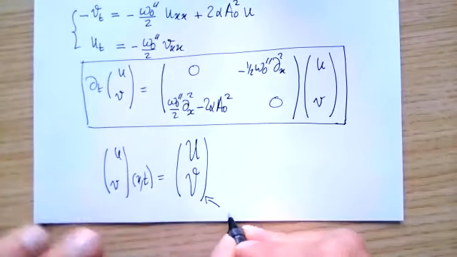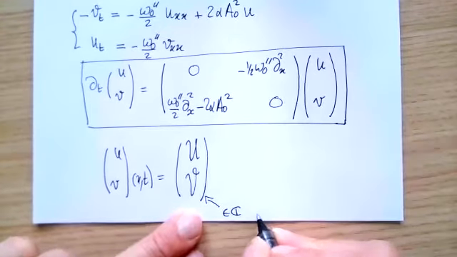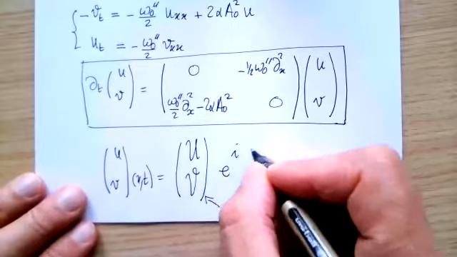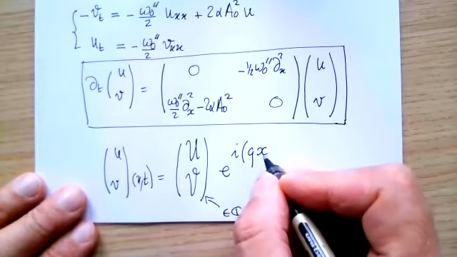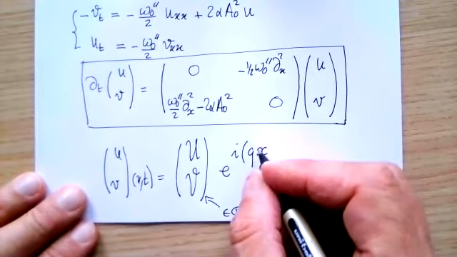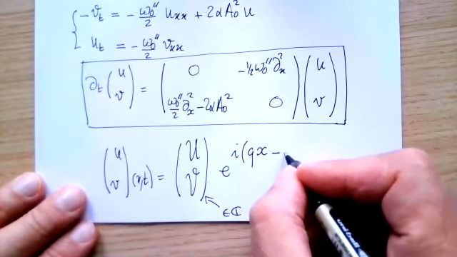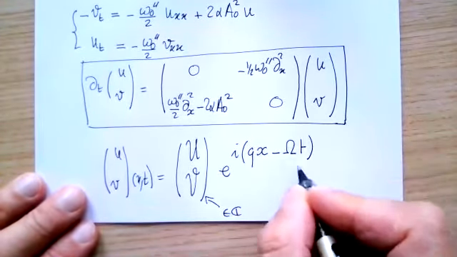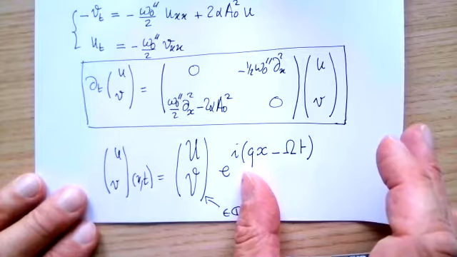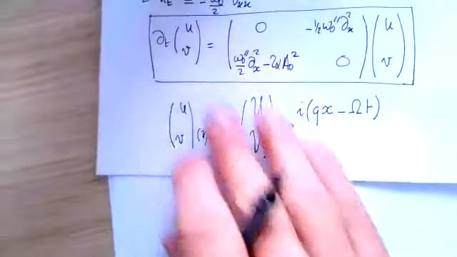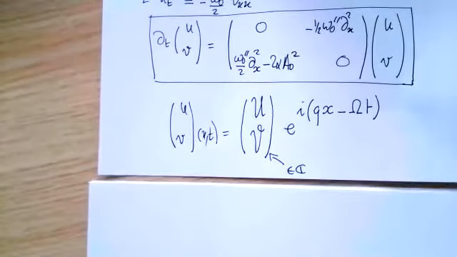I mean, it's a complex constant, but it's constant, times exponential i, let's write it q because k is already taken, x, and in my notes I wrote minus capital omega t because small omega was already taken. And okay, so consider this equation there, and look for a plane wave solution of this guy.